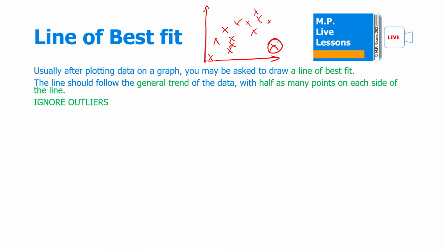And then your line of best fit, which I'll do in a different color, should go something like this. So it follows the general trend of the data, which will be increasing in this case, and there's roughly half as many points on each side of the line, so through the middle of the splodge of points.